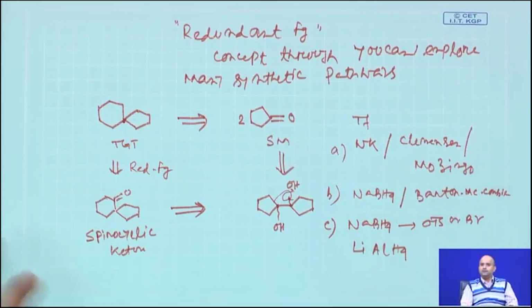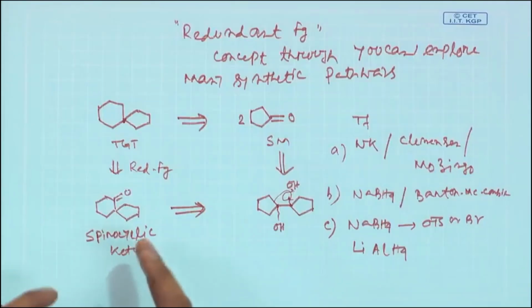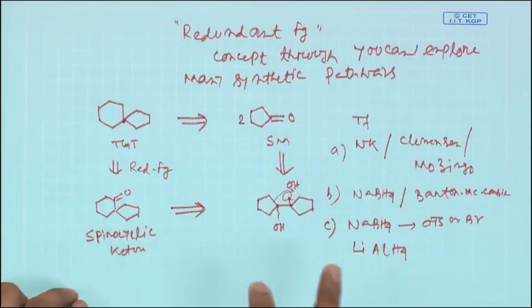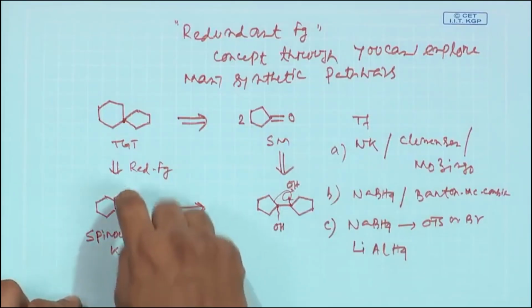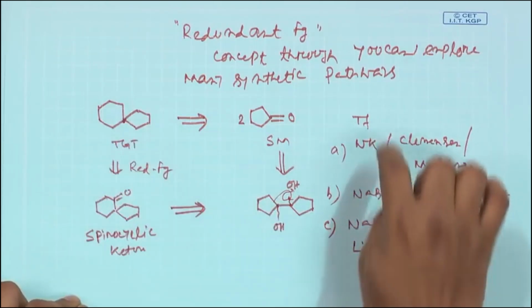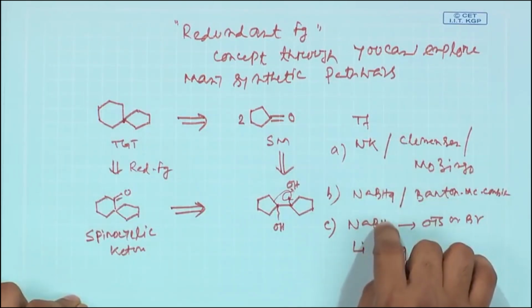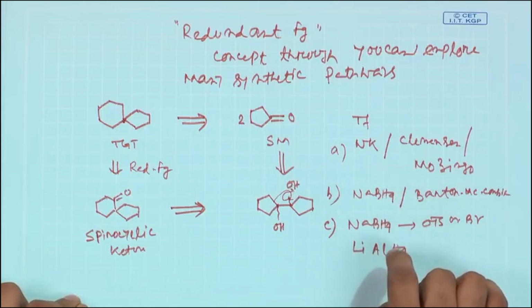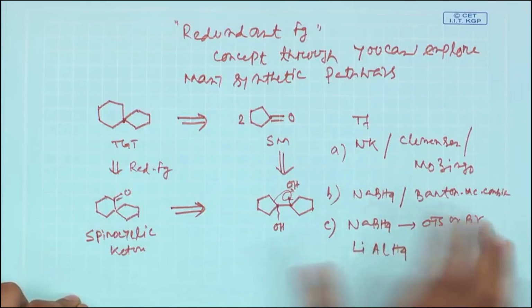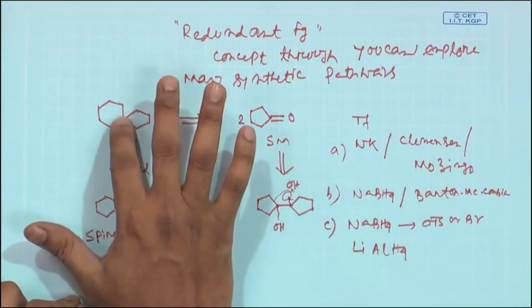So, in reality, no matter what reagents you use, eventually you have much more flexibility to adopt redundant functional group based strategies, and you see for this transformation you have numerous ways, and depending on the resources available in your lab, you can choose any one of the reagent systems to get to this target.